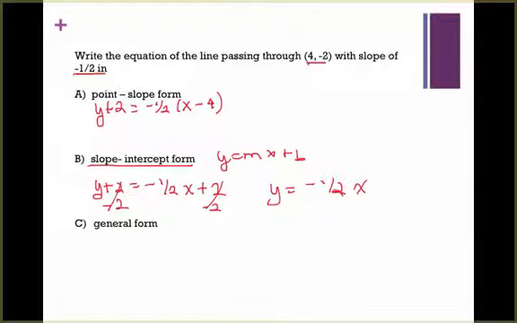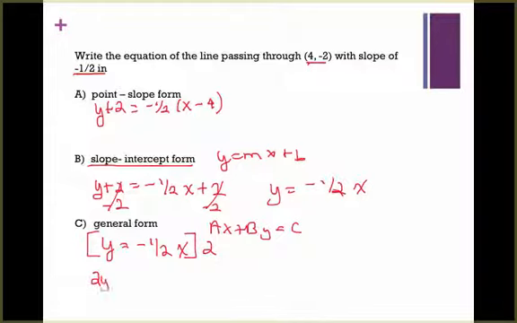Then the last thing is I want to change that to general form. So taking what I have now in slope-intercept form, remember that I said that we want to get ax plus by equal to c, and we want a and b to be integers. Well, right now we have a fraction in this. So we're going to multiply that entire equation by 2 to get rid of the 1/2.